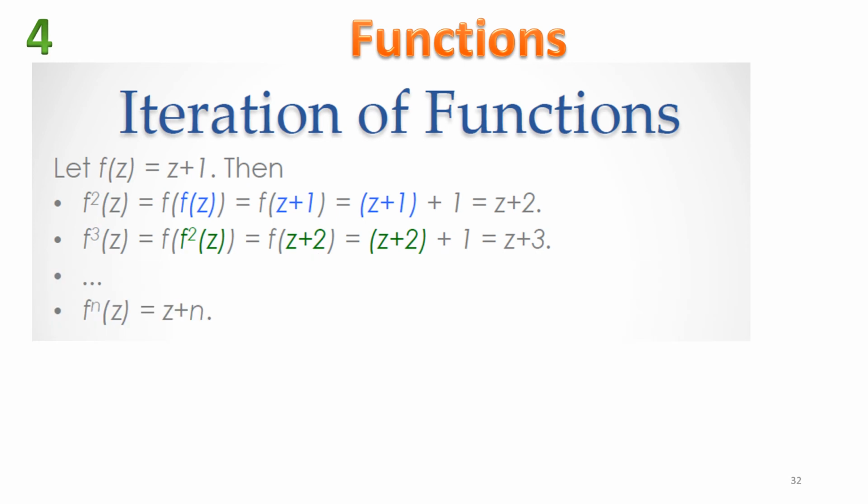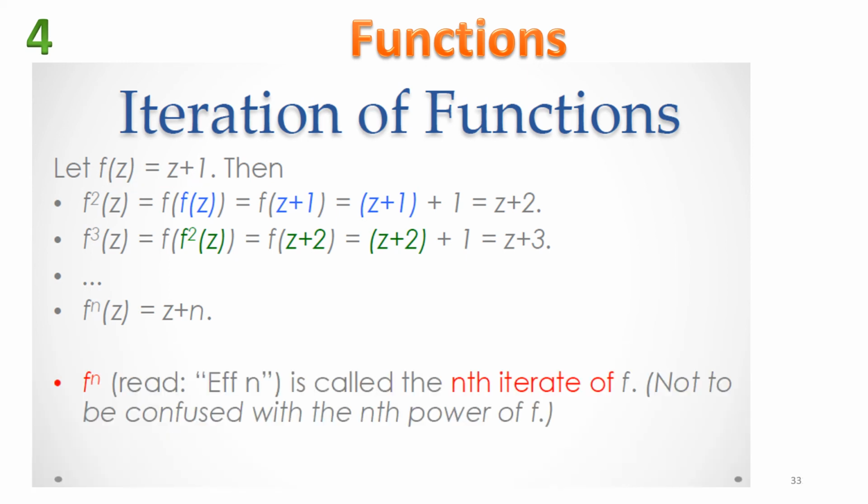So you can generalize the iteration operation, and f to the n of z will be z plus n when f of z is z plus 1. Here I wish to mention very clearly that f to the n is the nth iterate of f. It is not to be confused with the nth power of f.